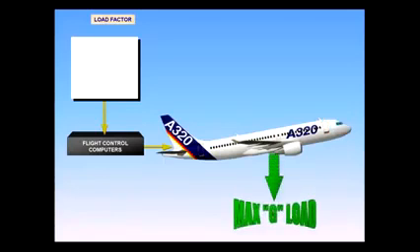Full side stick movement is always available. The structural limitations vary with configuration. In clean configuration, between plus 2.5 G to minus 1 G. Flaps extended between plus 2 G to 0 G.